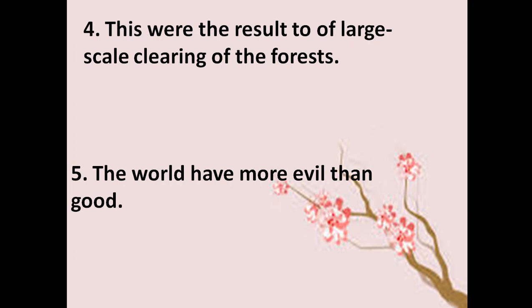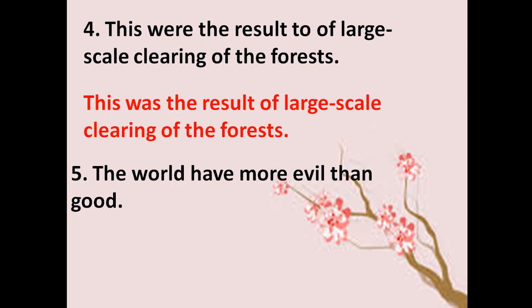So what is the mistake used here? What is the subject? This is the subject and this is a singular subject. So the verb should be singular. But here the plural verb is used. That is the mistake. So this was the result of large scale clearing of the forest.